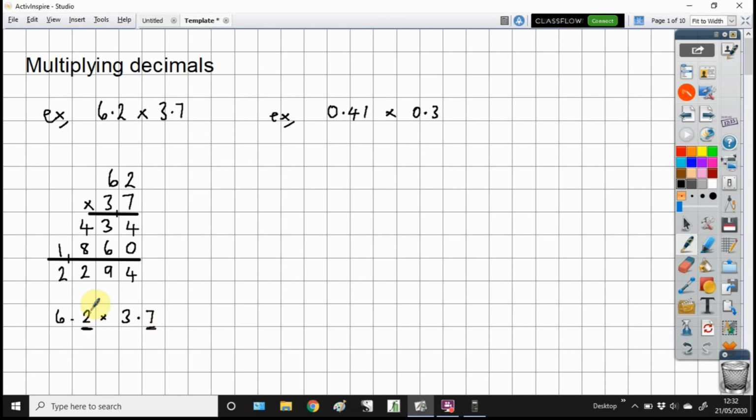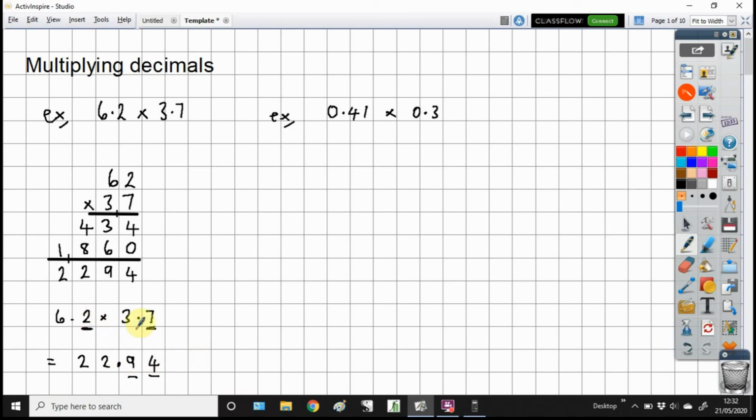There's two of them. There's one of them in this number 6.2, and there's one of them in this number 3.7. Altogether, there are two numbers after the decimal point in the question. And it follows that there are also two numbers after the decimal point in the answer.